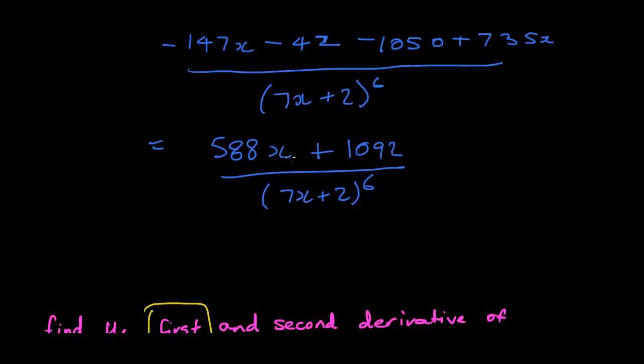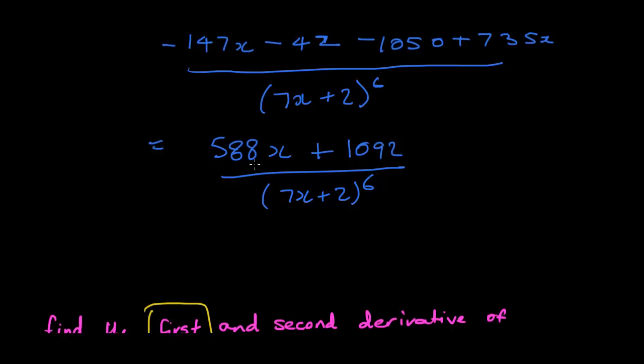So, what do you think this is factorizable by? You'd have to try it a couple of times in the calculator. So 588, this, and then that. Okay, 1092, 588.